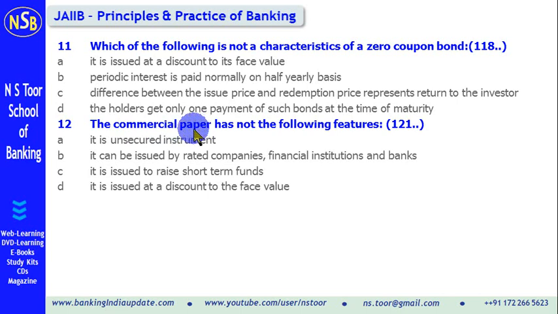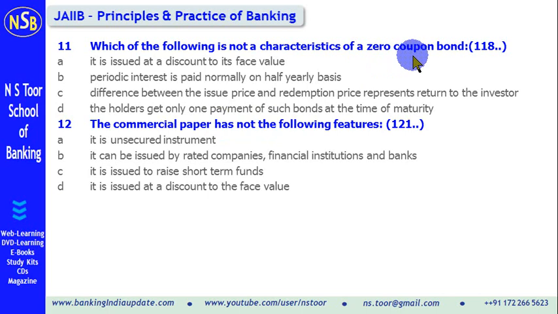Commercial paper is a usance unsecured promissory note. So it is a usance promissory note and at the same time an unsecured one. It can be issued by companies as well as financial institutions. Banks cannot issue it. And this instrument is issued by the companies to raise short-term funds.